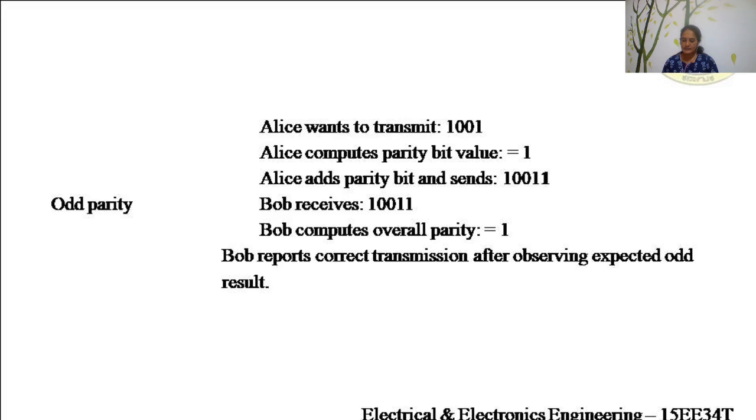At the receiving end, if Bob receives the data as 10011, he checks for odd parity. And since the number of ones is odd, he considers that the received data is correct.